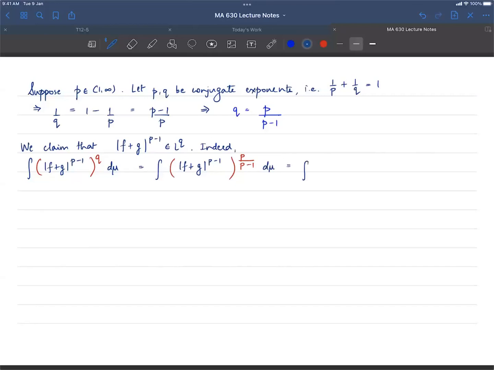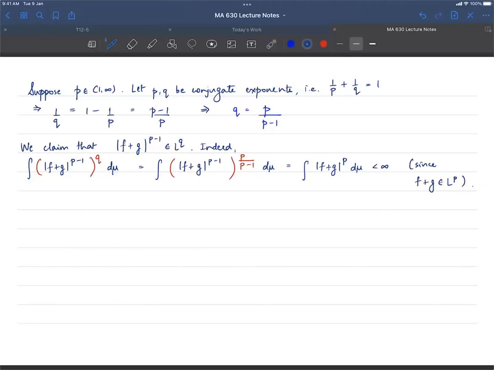So this gives you the integral of absolute value of F plus G, and the P minus 1 will cancel, so I'll just be left with to the power P. And this is finite. Why is that? This is since F plus G is an LP. So F plus G to the P minus 1 is indeed an LQ. Any questions with that? Okay.